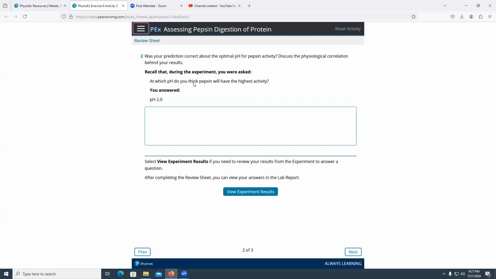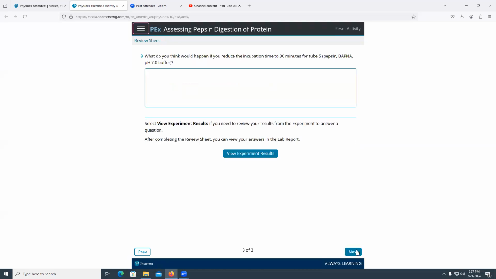At which pH do you think? Yes, that is true. And what do you think would happen if you reduce the incubation time to 30 minutes for tube 5? So you have pepsin, BAPNA, and pH buffer. If you reduce the time, you're going to have even less because the pH is not even optimal.